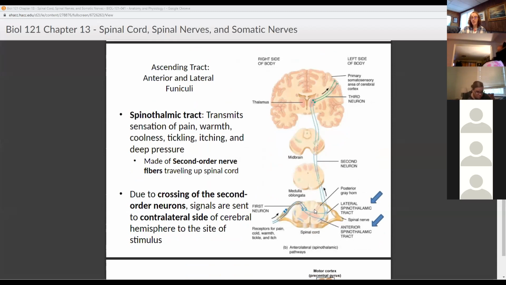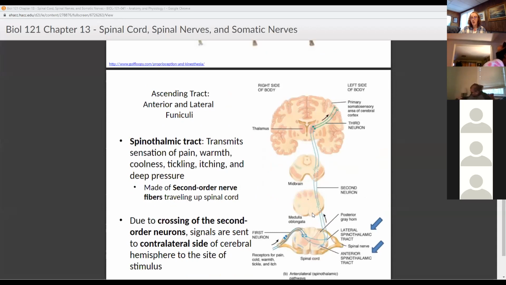So we've talked about the gracilis and cuneate fasciculi. The anterior and the lateral funiculi contain the spinothalamic tract, which is made of second order neurons. It is going to transmit the sensation of pain, warmth, cooling, tickling, itching, and deep pressure.